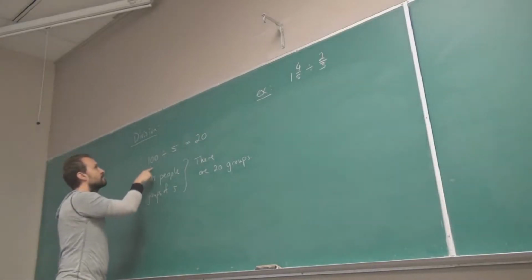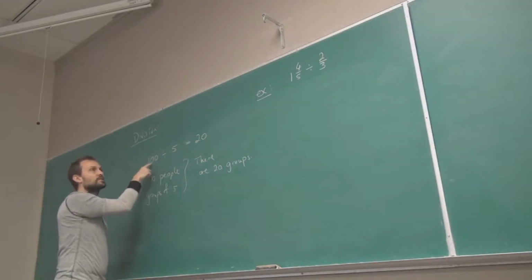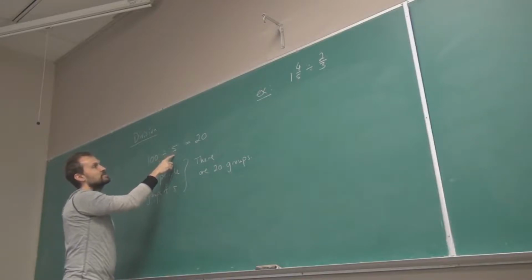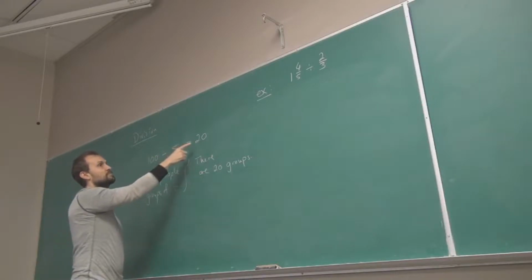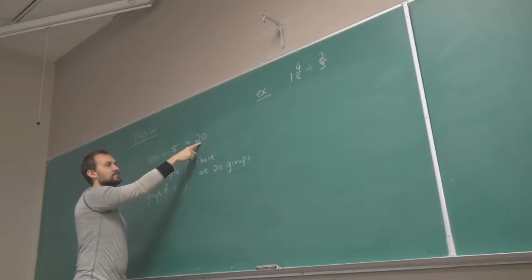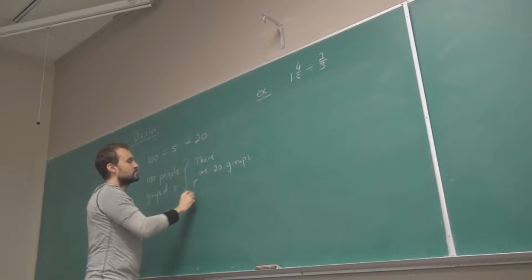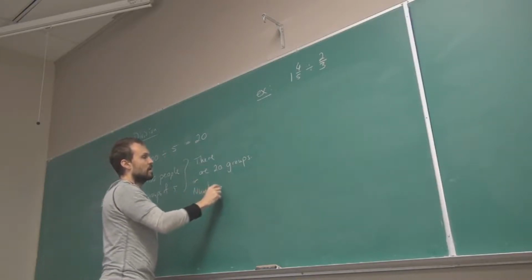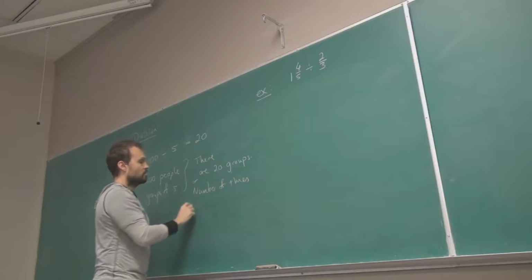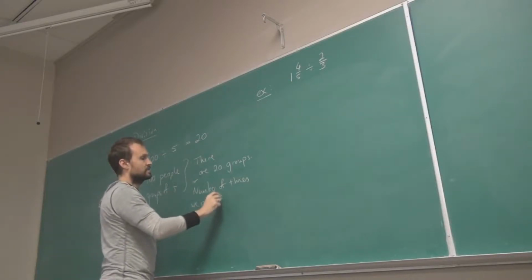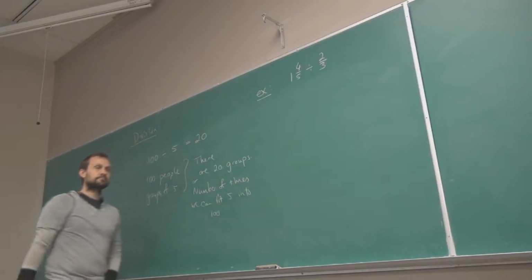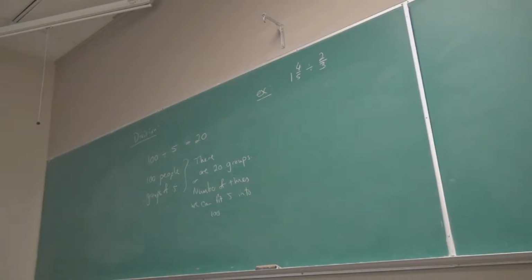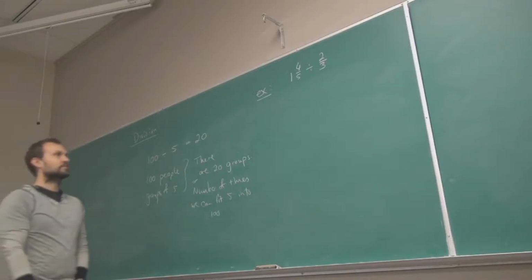I'm still having this first number as my quantity that I have, and I'm trying to see how many times a group of 5 people fits into this 100. That number of times that I can fit this in is the answer. That's an alternative way of intuitively interpreting division.